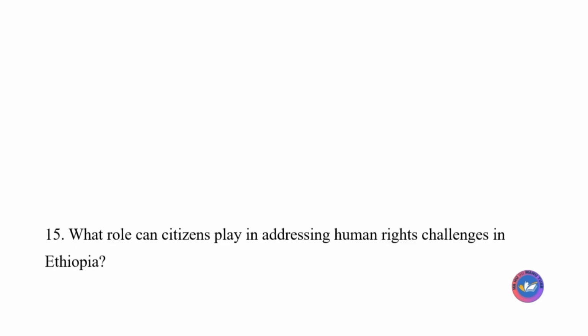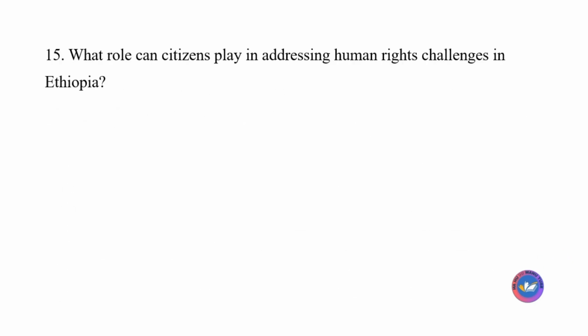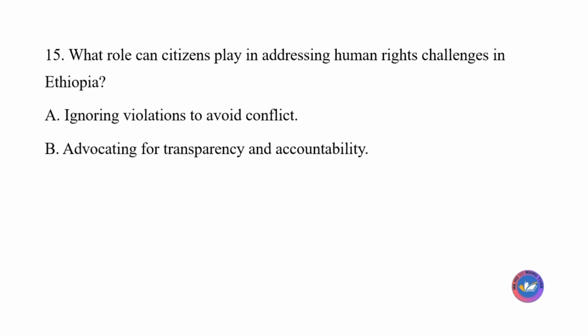Question number 15. What role can citizens play in addressing human rights challenges in Ethiopia? A. Ignoring violations to avoid conflict. B. Advocating for transparency and accountability. C. Supporting arbitrary actions by authorities. D. Opposing legal reforms.